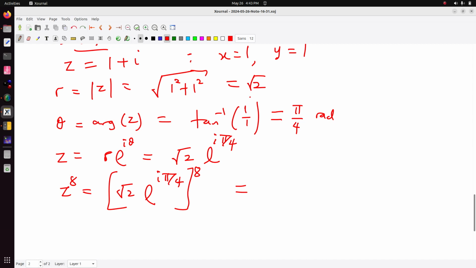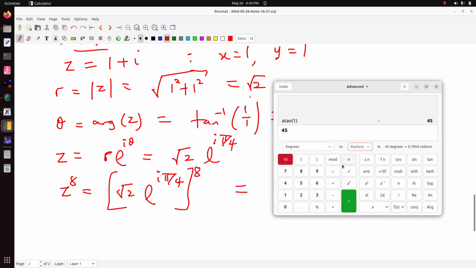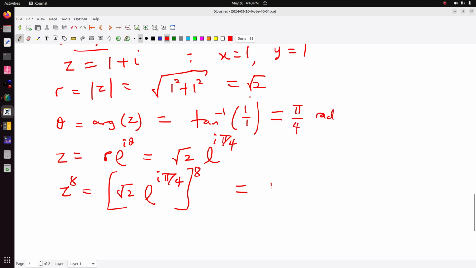If you find root 2 raised to the power 8, that would be 16. Then the exponential will be 8 multiplied by i pi over 4, which is 8i pi over 4.